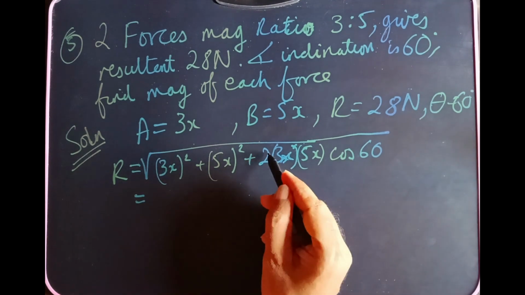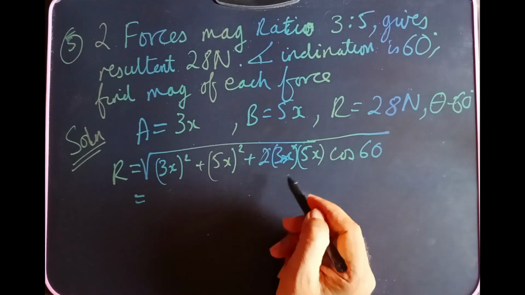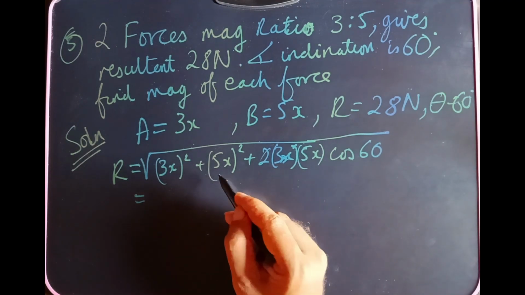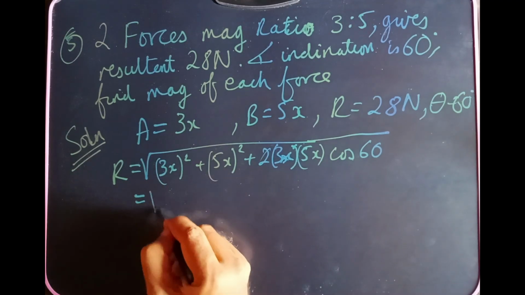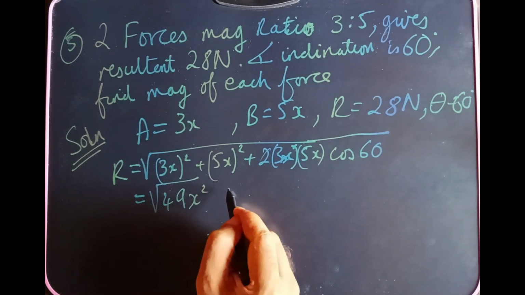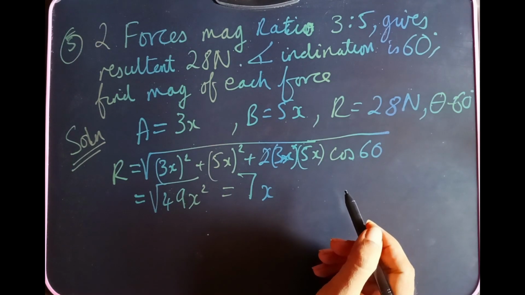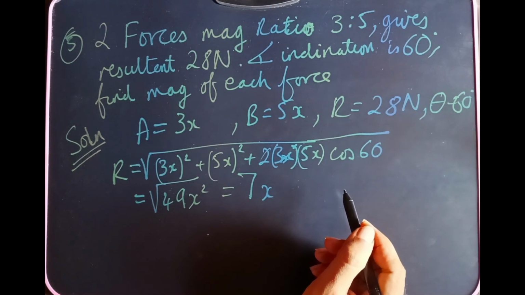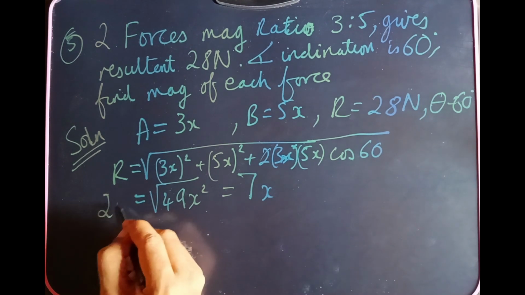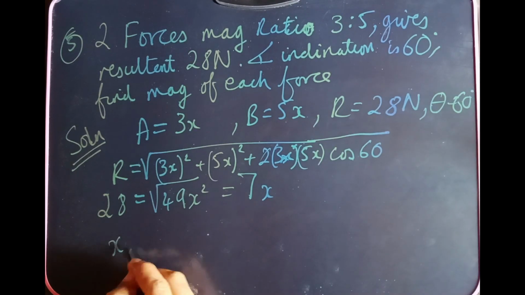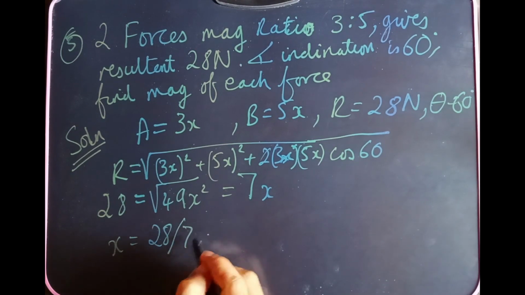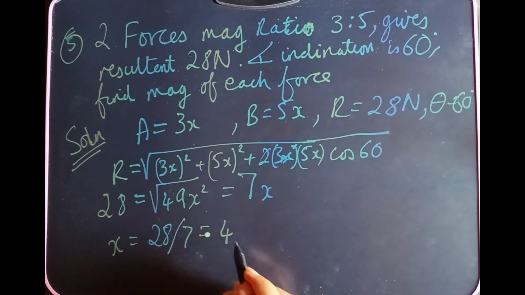Cos 60 is half, so half will get cancelled with this 2, so you will get 15x square. 15 plus 25 will be 40 plus 9, root of 49x square will become 7x, right? R will become equal to 7x, and R we know is the resultant, which is 28 Newton. So how much will be x? x will be 28 divided by 7. So this value will be equal to 4.